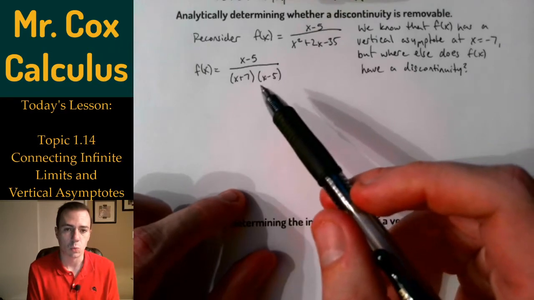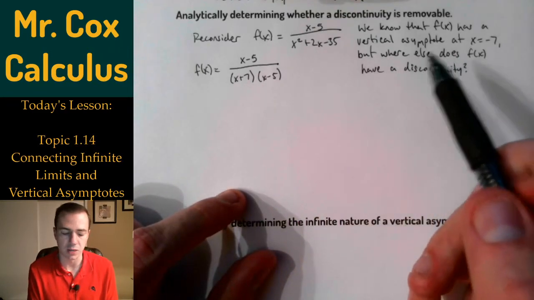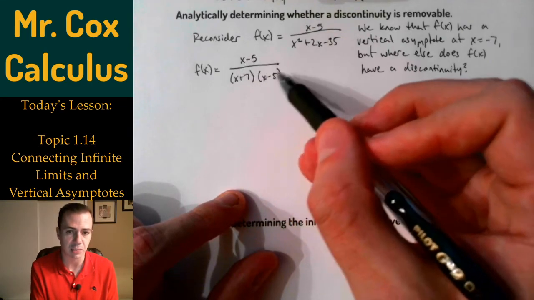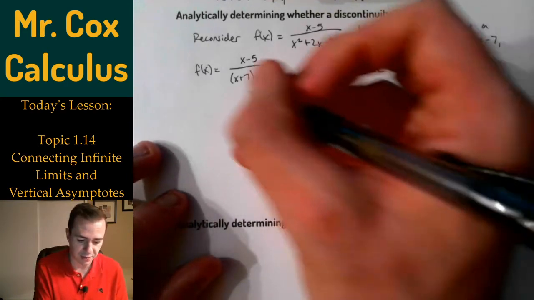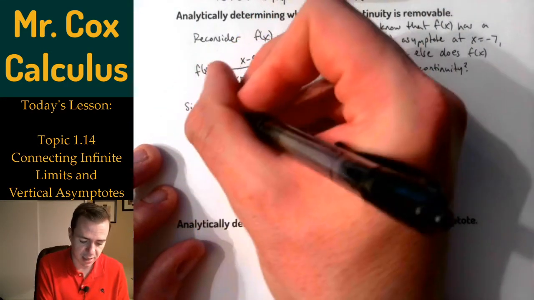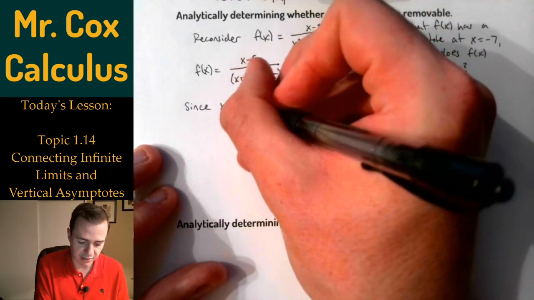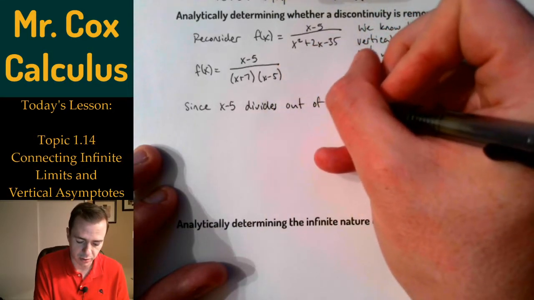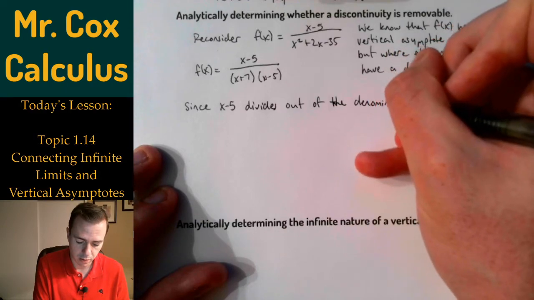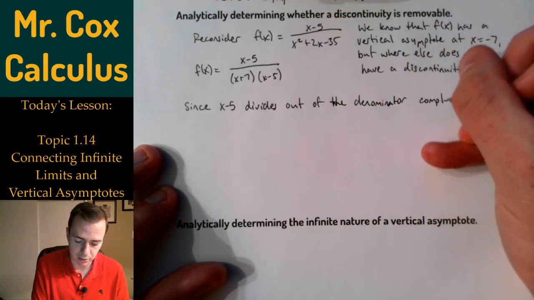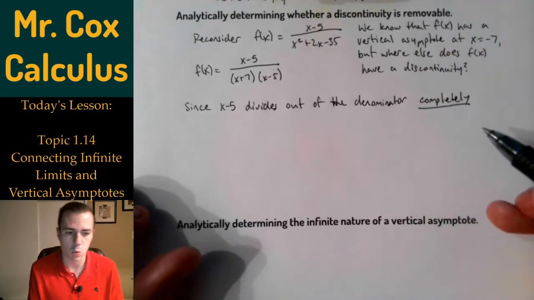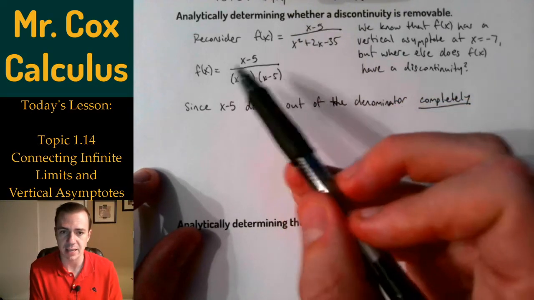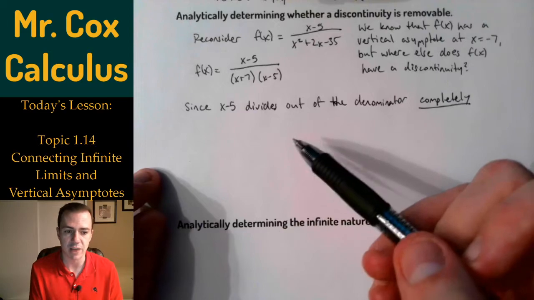The question is, why is it not a vertical asymptote like it was with x equals -7? And that's because if we were to simplify this, we would be able to divide x minus 5 out of both the numerator and the denominator. And so since x minus 5 divides out of the denominator completely, and that's going to be an important word here when we look at our next function, but because it divides out completely, in other words, if I were to cancel these out, I wouldn't have any x minus 5 issues left in the denominator.